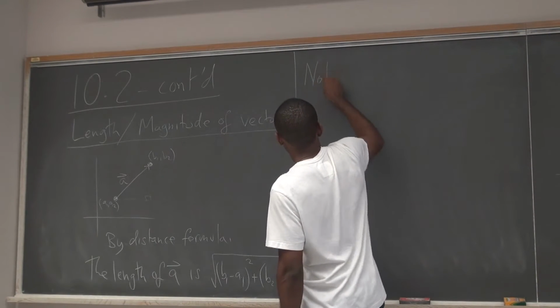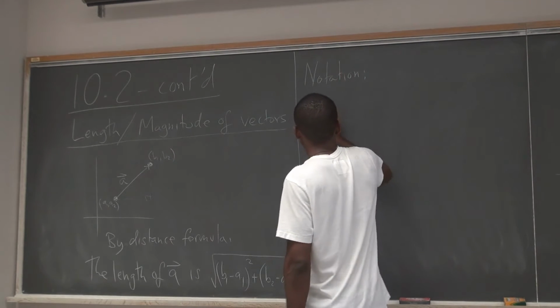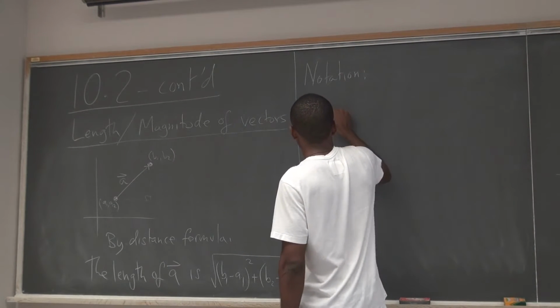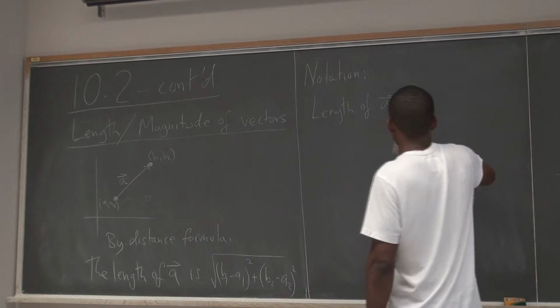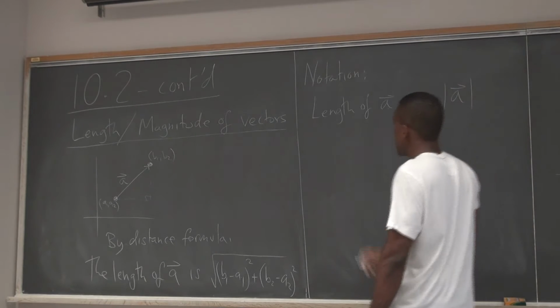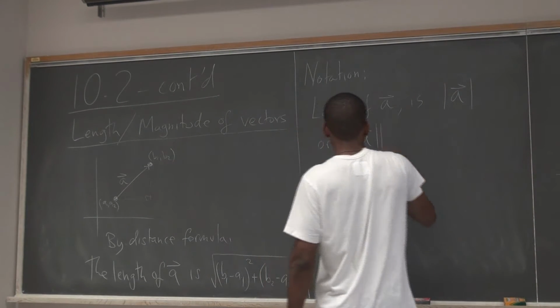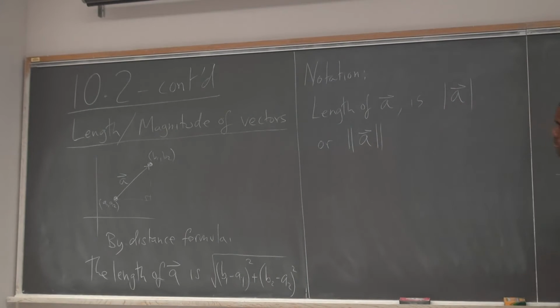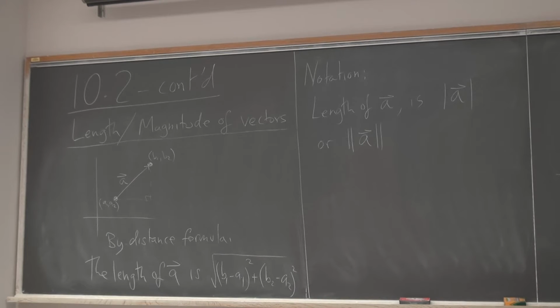Notation. The length of a vector A is, you write this, or in some textbooks you might write that. They write a double absolute values.